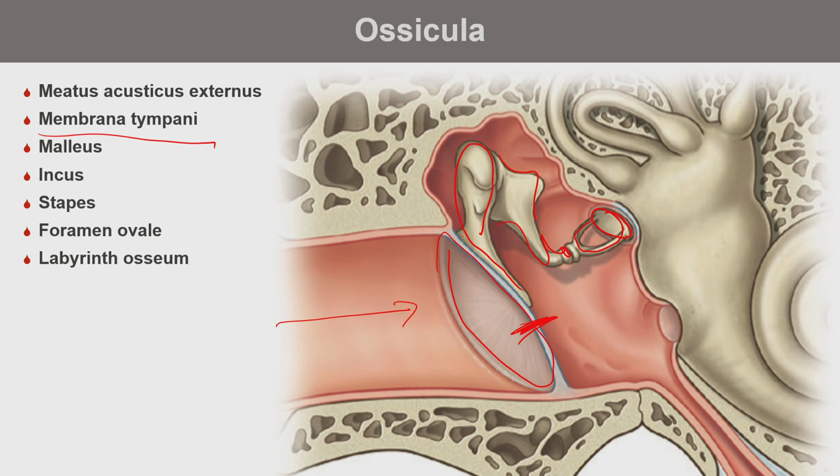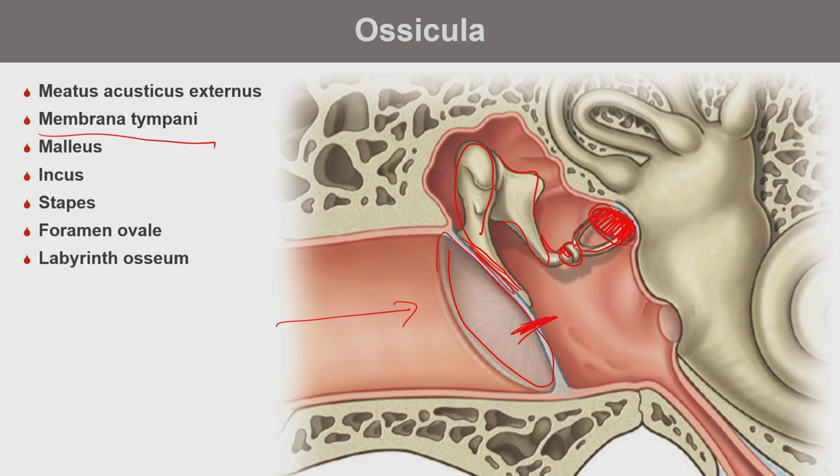The malleus is connected with the membrana tympani, and those three ossicles are connected with two synovial joints. The joint between stapes and incus is the smallest joint in the human body, but it is a small synovial joint.